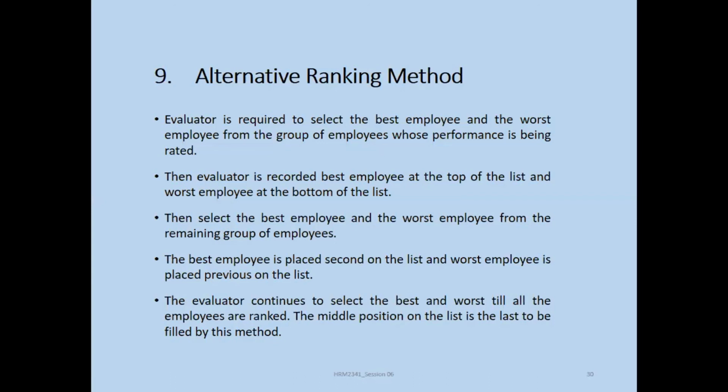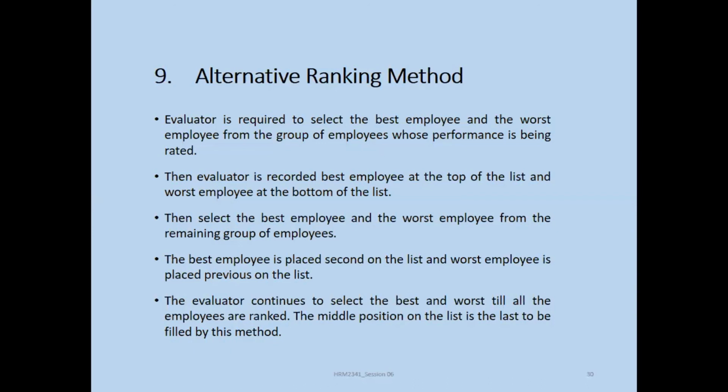The best employee is recorded under the second rank, and the worst employee out of the 8 we can record under rank number 9. Likewise, we can continuously run these steps for all employees. That is the alternative ranking method.